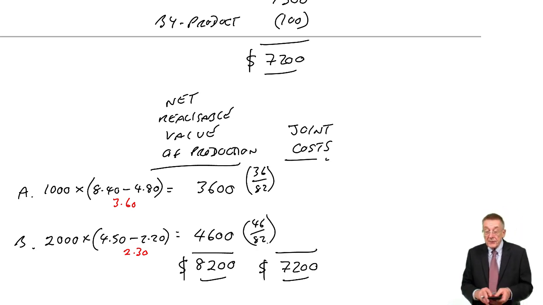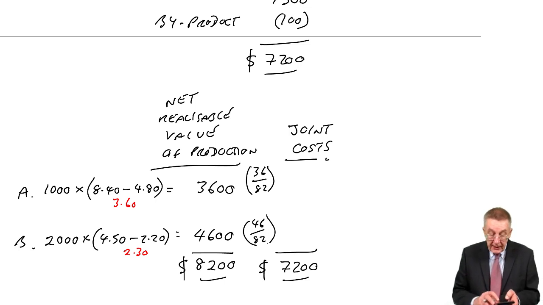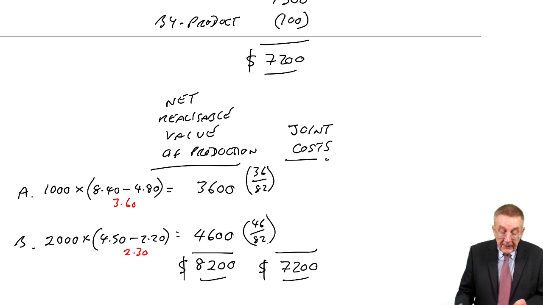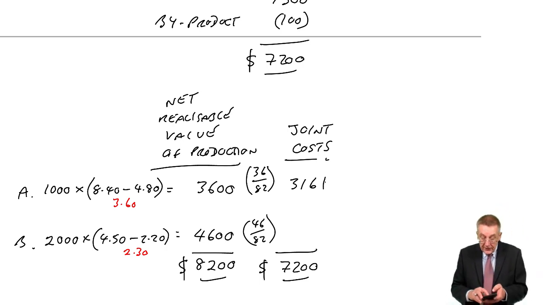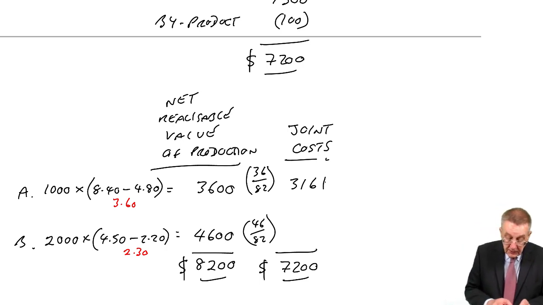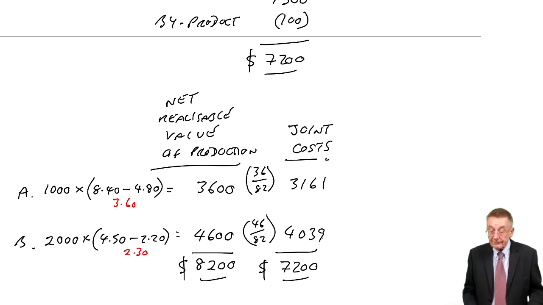So those proportions of 7,200: 36 divided by 82 times 7,200. I'm going to keep this to the nearest dollar. 46 out of 82 times 7,200. 4039.